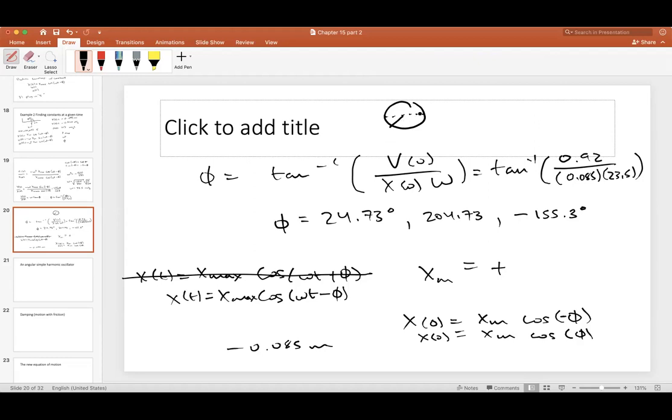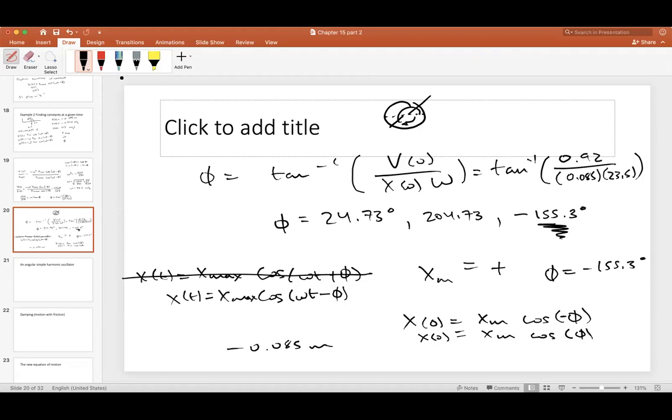And that's equal, so this is 204 and this is negative 155. 24 is here. So we're going to choose this value, okay? We're going to choose that phi is negative 155.3 degrees, right? That's where we start from.